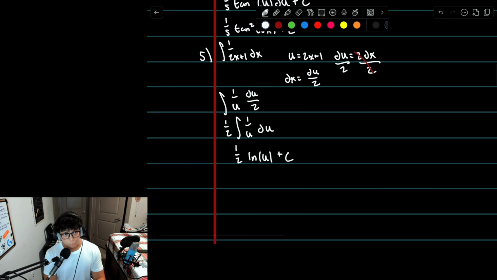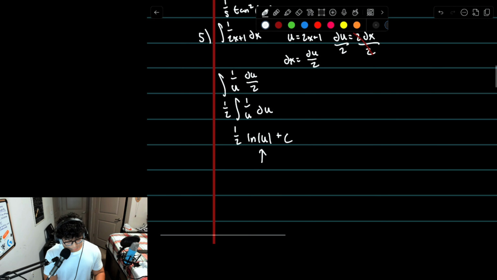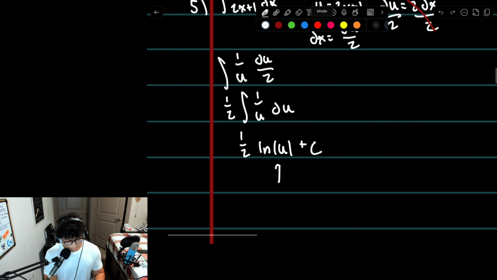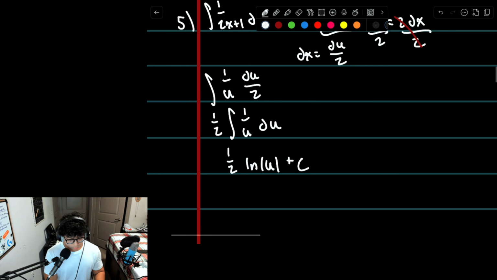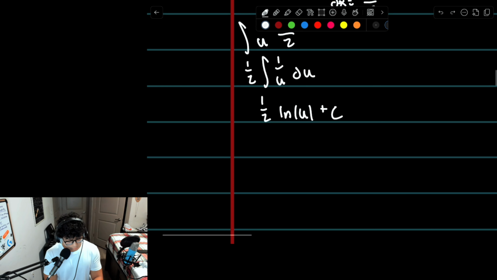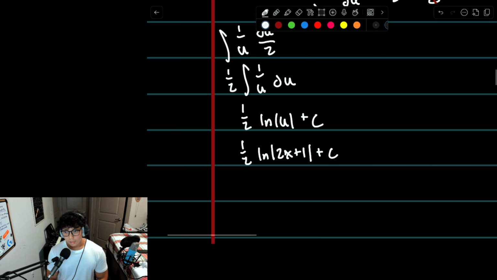Now, if we want to put it into x, we plug in our u, which is 2x plus 1. We replace that with 1/2 ln absolute value of 2x plus 1 plus c. And that is our final answer.